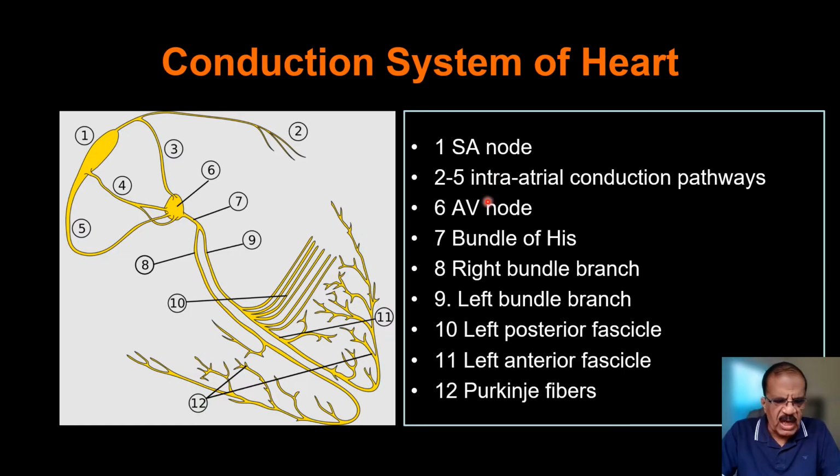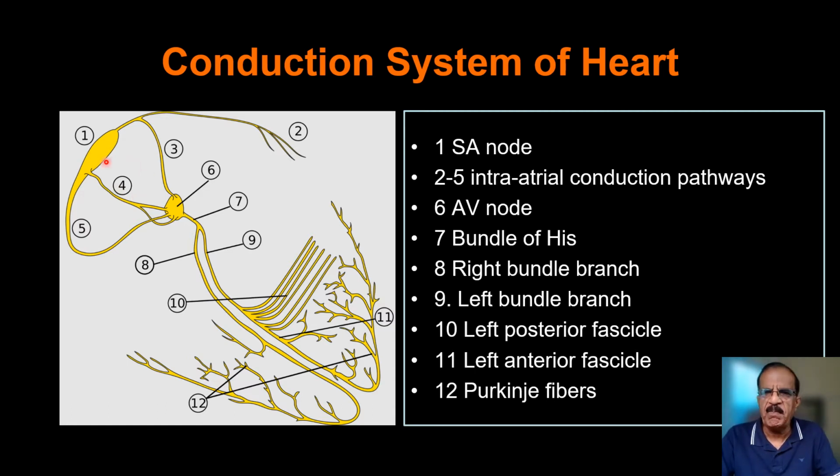Now this picture I have shown you earlier also, but just for the sake of orientation, the normal pacemaker is in the SA node. But if that does not work, then the AV node will take over, and if that doesn't work, then any of the distal branches or any part of the conduction system has a built-in pacemaker, but they are kept suppressed because the law of nature is the pacemaker with the fastest inherent rate will govern the heart.